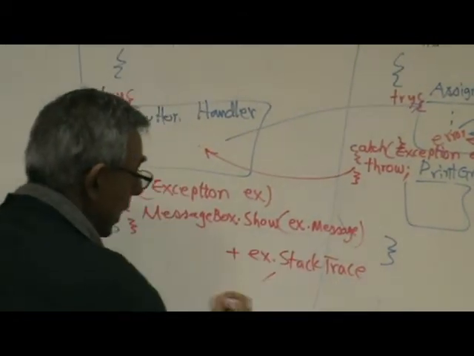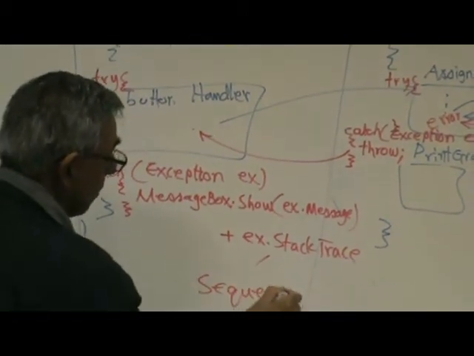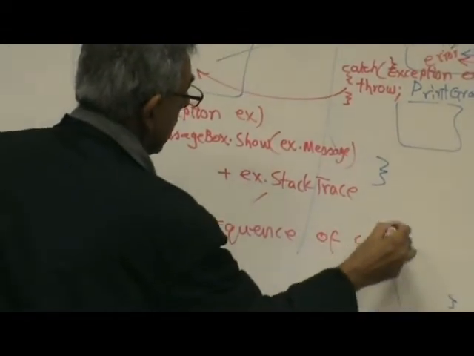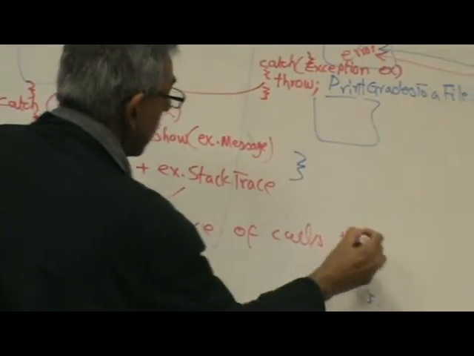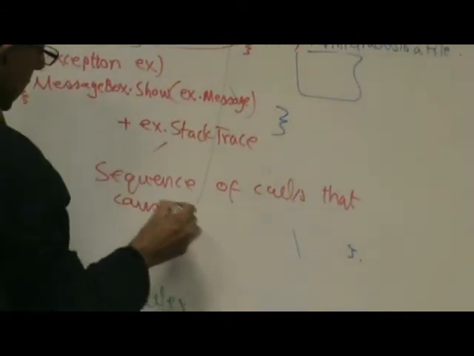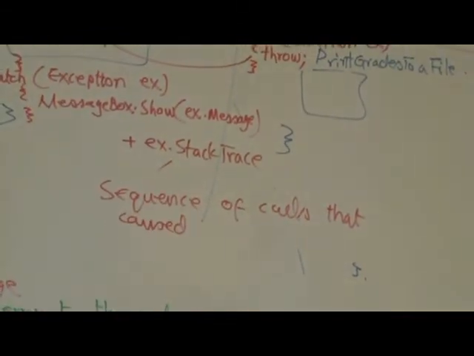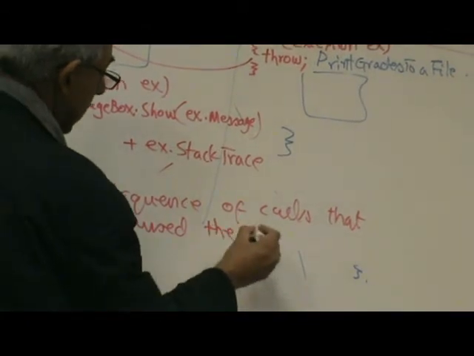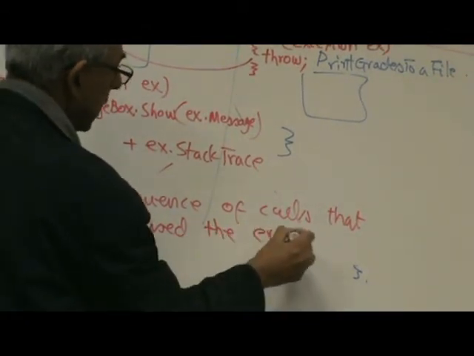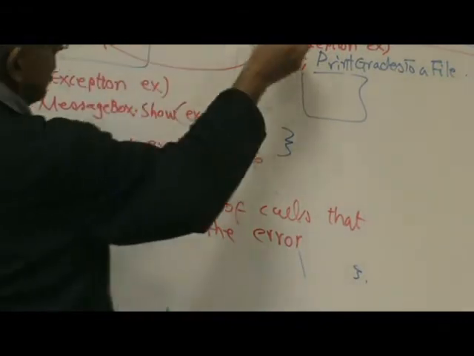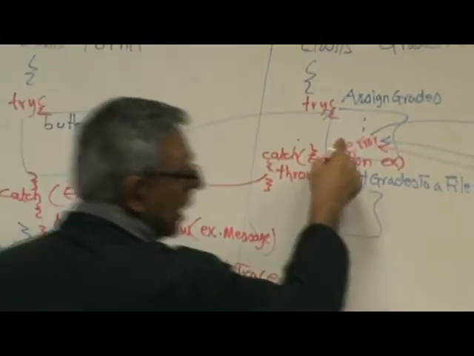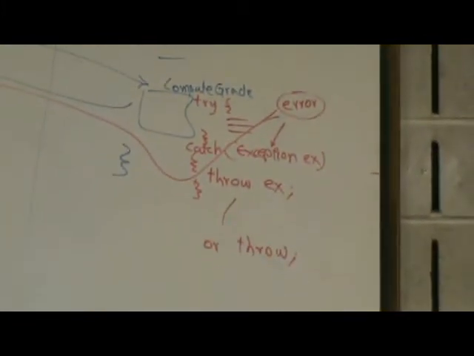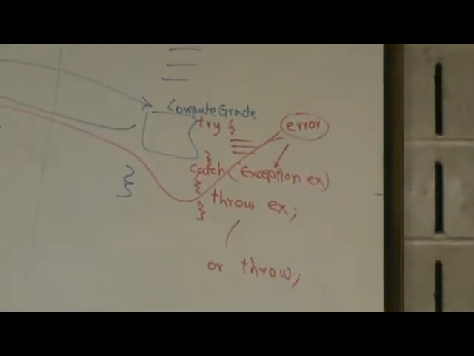So stack trace basically gives you the sequence of calls that cause the error. So especially for you to be able to fix things, you have to be able to examine the stack trace and see, okay, at line 5 we call this, then line 17 it called this, line 6 the error occurred. So you can go and now see why the error occurred and try to fix it.